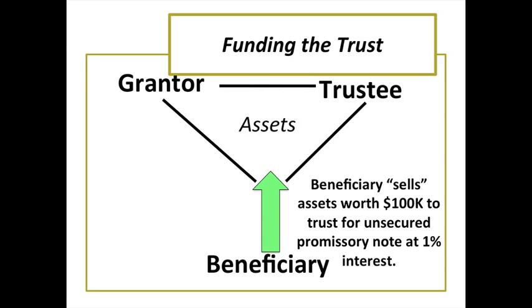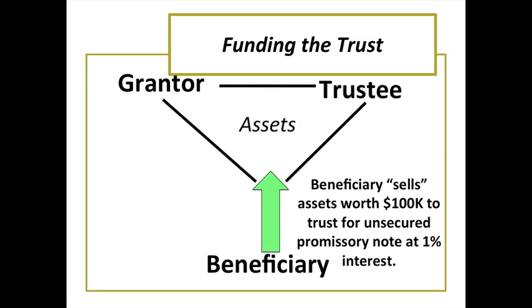Whenever we look at if there is a reasonably equivalent value given in return for the assets, we're looking at it through the eyes, if you will, of the creditor. So if the promissory note that is given back in return for those assets is just really a junk promissory note, well, in the eyes of the creditors, it's going to have little value whatsoever. And so they're going to consider that a fraudulent conveyance.